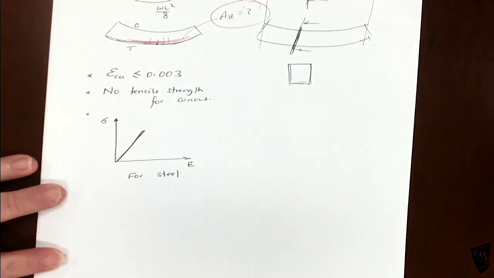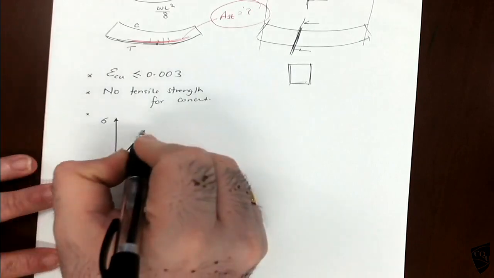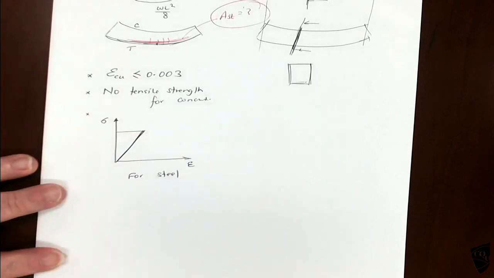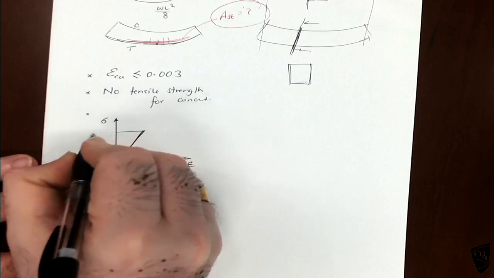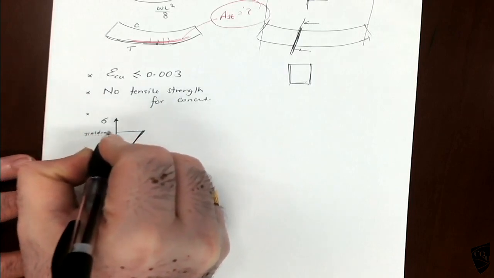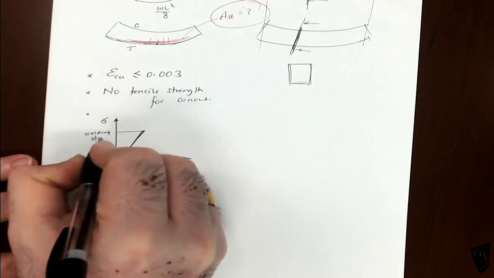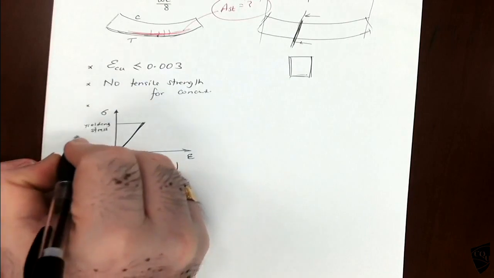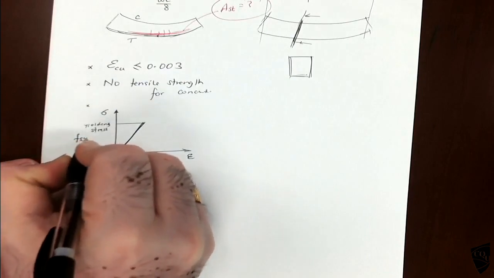This is the elastic region. Then how is this point called? End of the elastic. It is called the yielding stress. So for steel, that is Fsy.